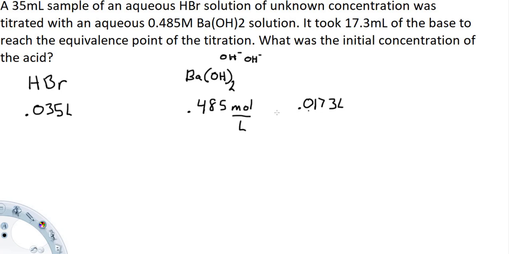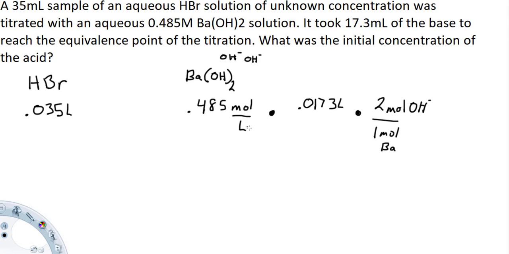So what we're going to do is multiply this value, and then we are also going to multiply it by 2, because for every 1 mole of the Ba, there are going to be 2 moles of the OH minus.